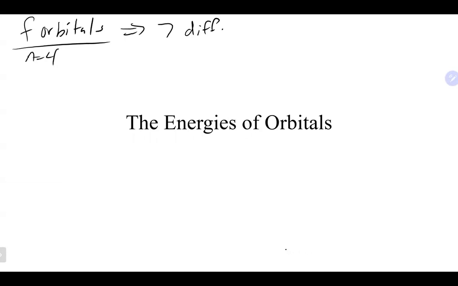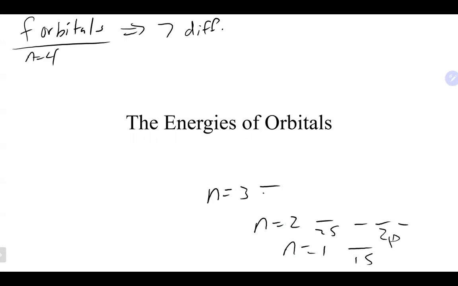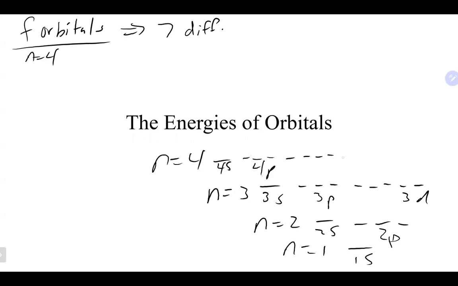So once again, on the 1st, 1s, on the 2nd, 2s, 2p, on the 3rd, 3s, 3p, 3d, and on the 4th is where we start to see 4s, 4p, 4d, and 1, 2, 3, 4, 5, 6, and 7.